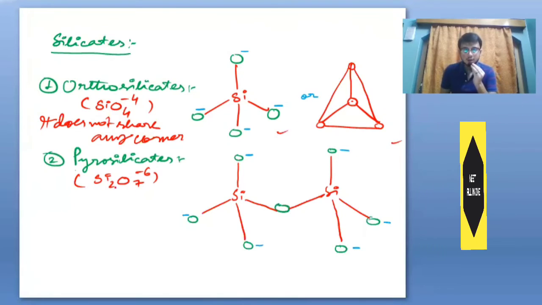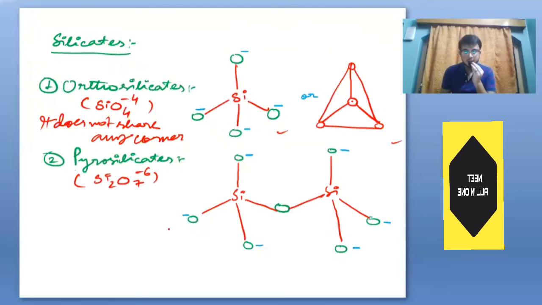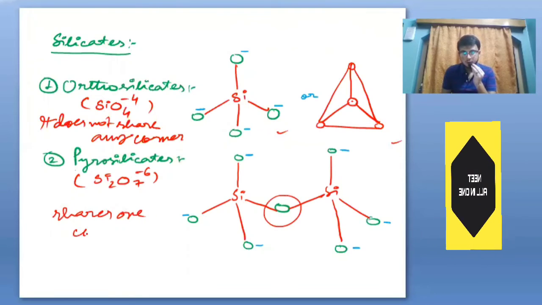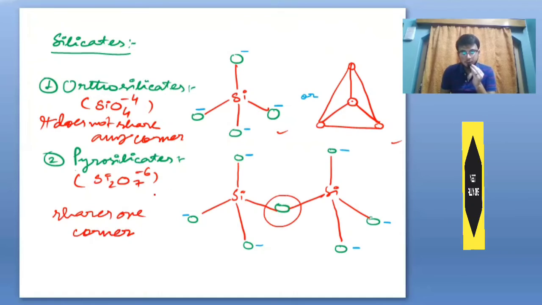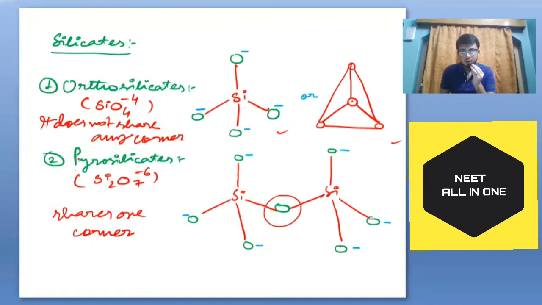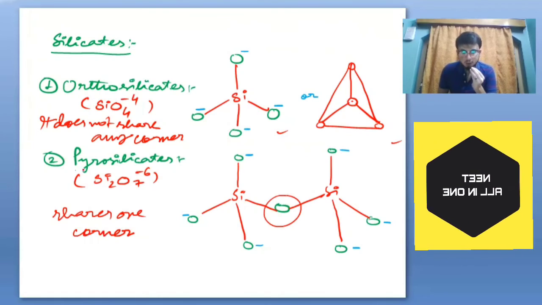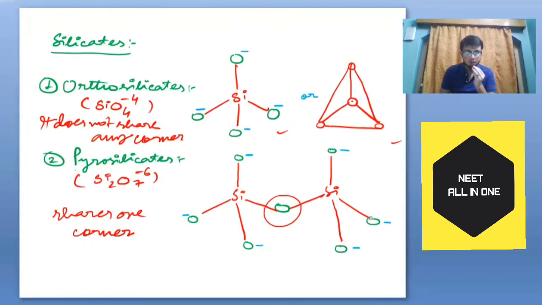Next is our pyrosilicate, that is Si2O7 6-. So here you can see that it is sharing a corner here. So it shares one corner. So as you can see, on the basis of sharing a corner, the silicates are changing and the names are also changing. Okay, so no corner sharing is orthosilicate, one corner share is pyrosilicate.